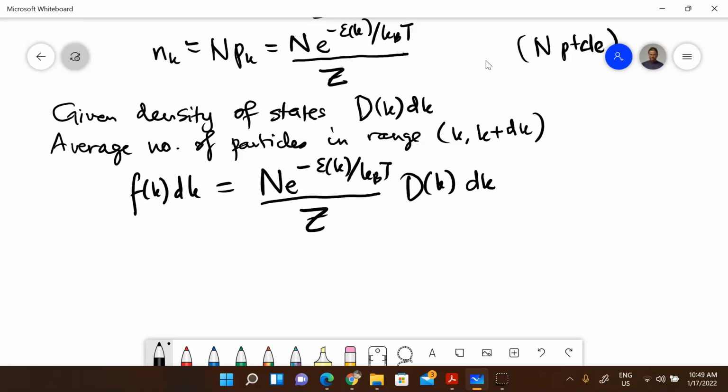Basically this comes from your Boltzmann distribution, and this is your density of states.